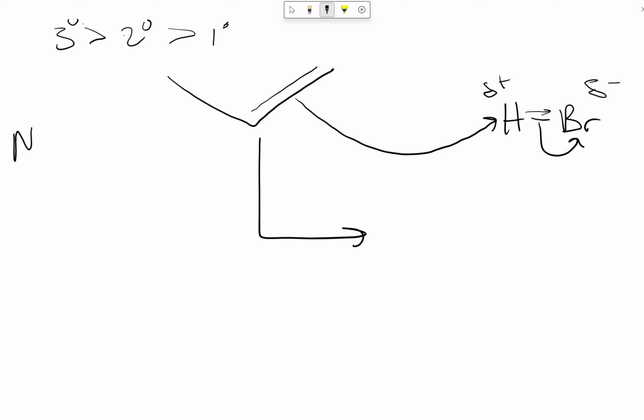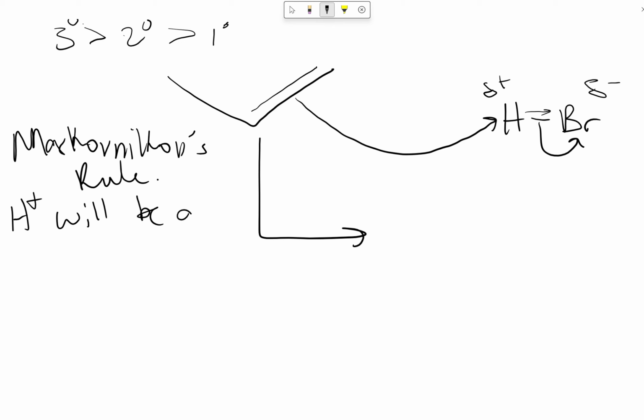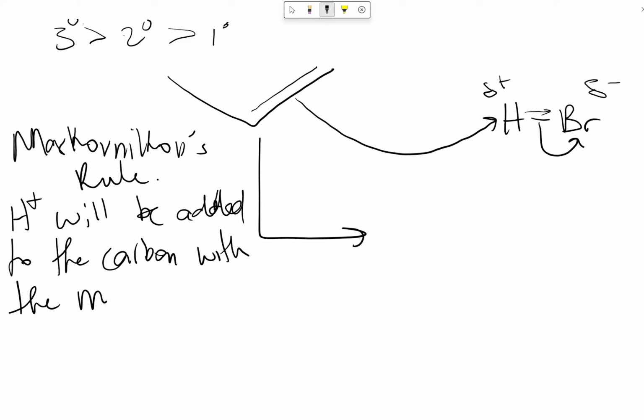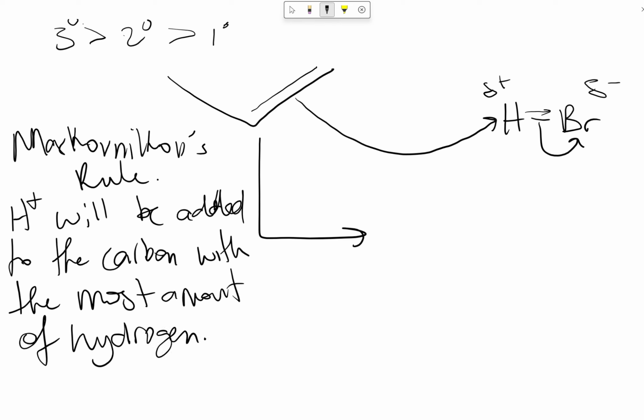Markovnikov's rule states that the hydrogen atom, or the proton, sorry, will be added to the carbon with the most amount of hydrogen, right?